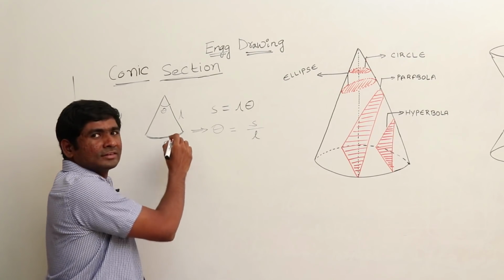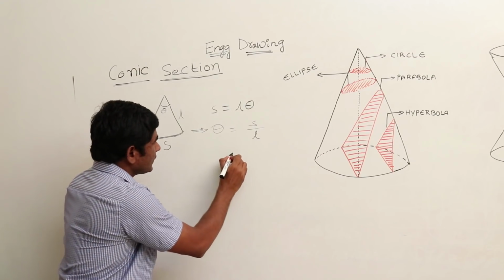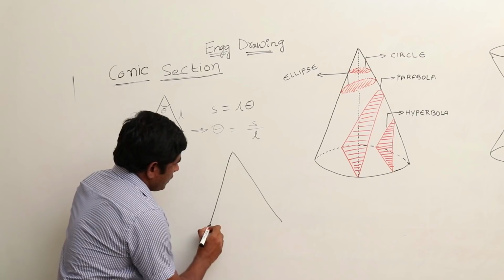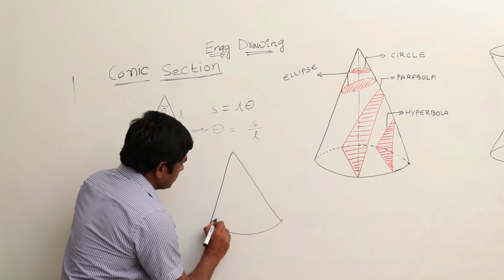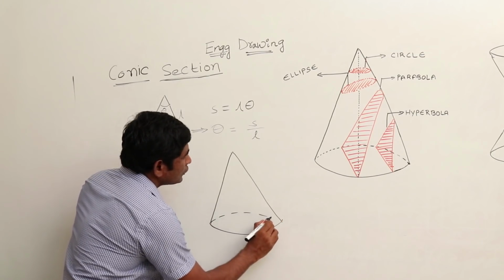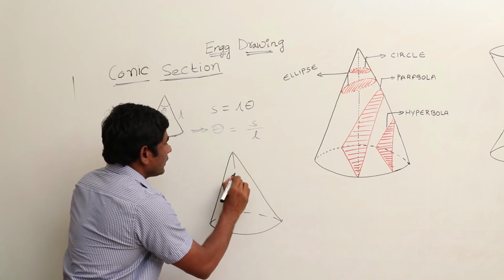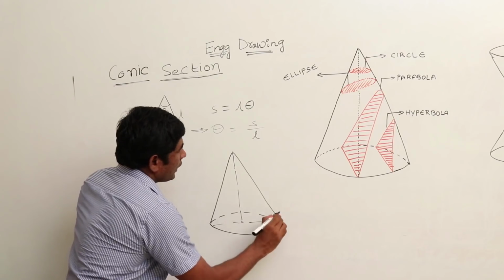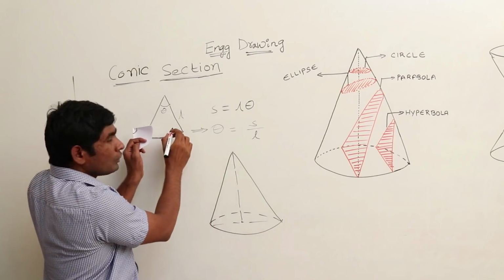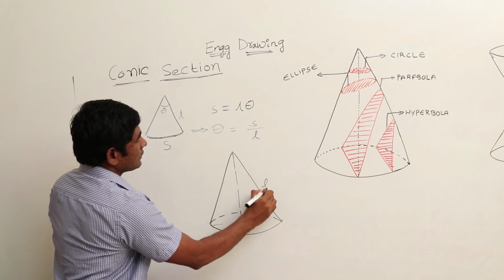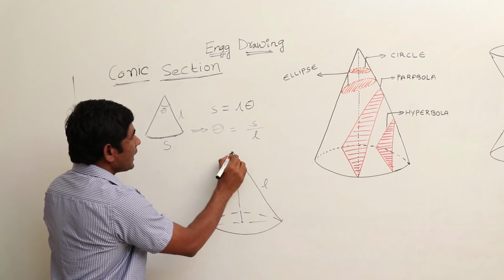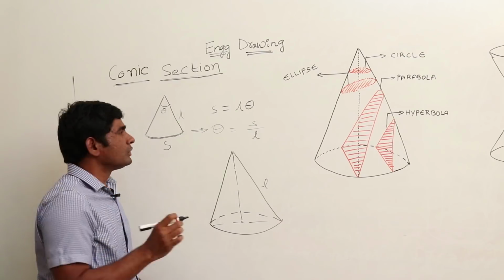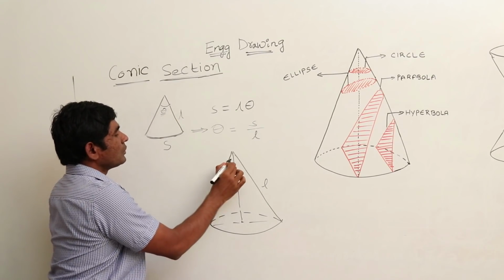Now I turn this sector into a cone. So this is my cone, and in this case, fortunately, this cone turned into a right circular cone. When I molded the sector into a cone, this is my L, and this angle we don't know. Please note that this theta is different from this angle.